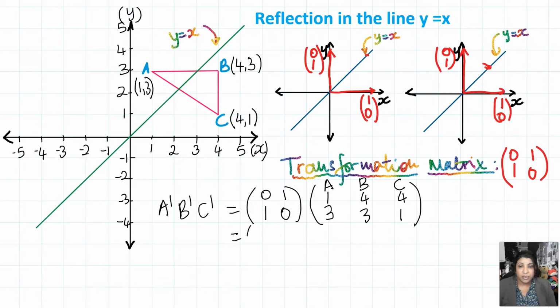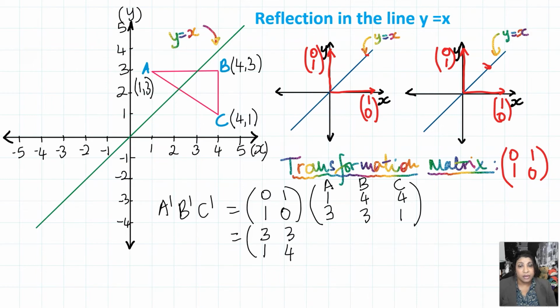What do we end up with? Well, 0 times 1 is 0 plus 1 times 3, so that would just be 3, and then 1 times 1 is 1, and 0 times 3 is 0, so that would just become 1. Then 0 times 4 is 0, plus 1 times 3, that's going to be 3 here, and then 1 times 4 is 4 plus 0 times 3, so that is just 4.